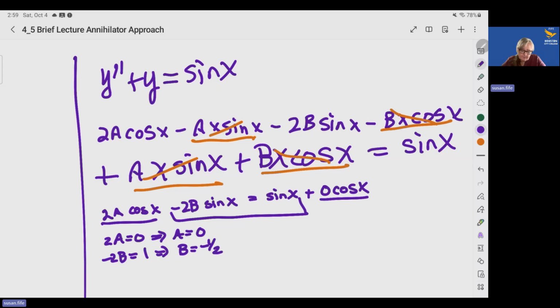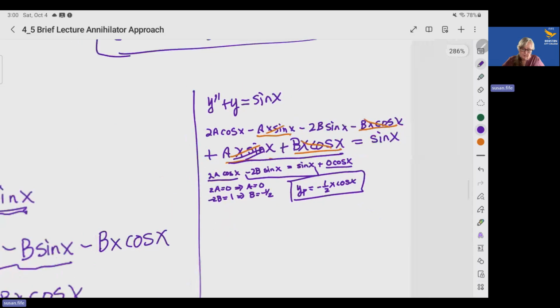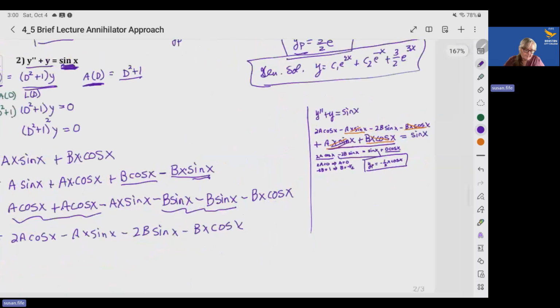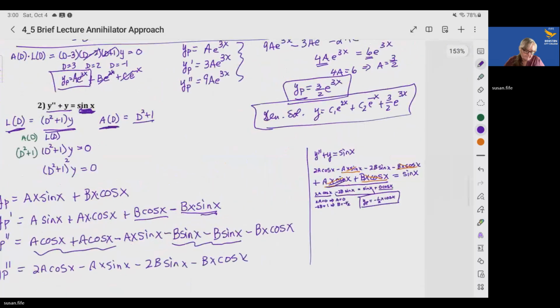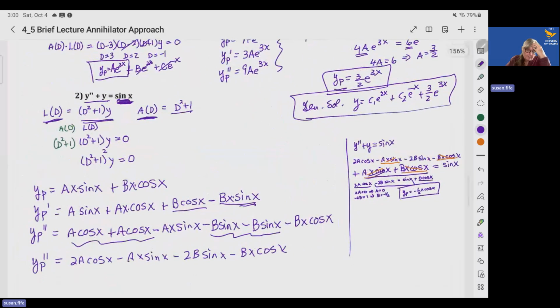And then substituting in, this was my y right here, I get y sub p is equal to, a is 0, so that sine term drops out, and b is negative 1/2: negative 1/2 x cosine x. And our general solution is going to be our complementary solution. We didn't work that out, but the complementary solution would have been C1 sine x plus C2 cosine x.